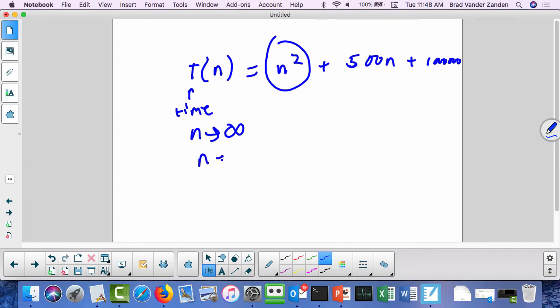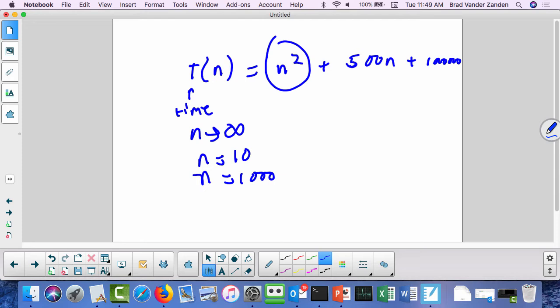Okay, for n equals 1,000, n squared is a million, but the dominant term for n equals 1,000 is what? Which is the biggest of those three terms? You can do the math. What is the biggest of these three terms, n squared, 500n, and a million?